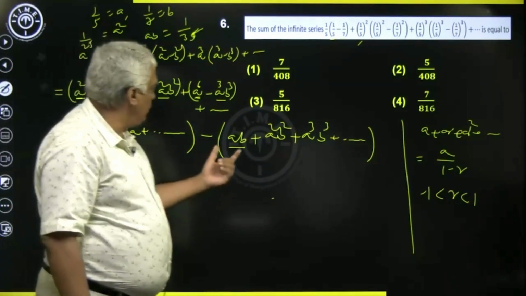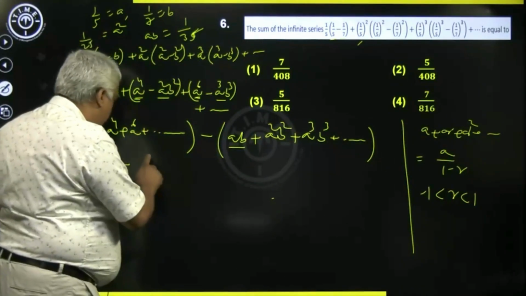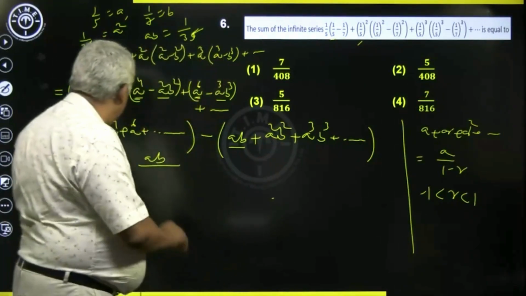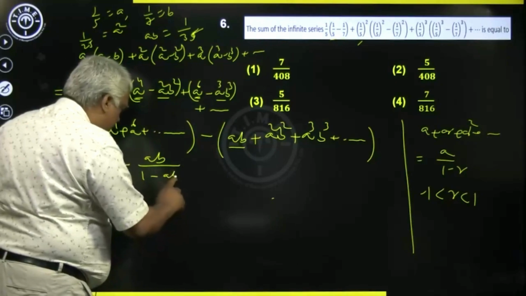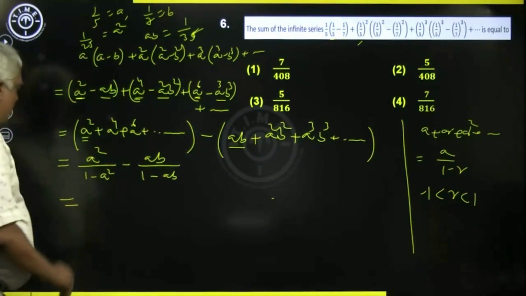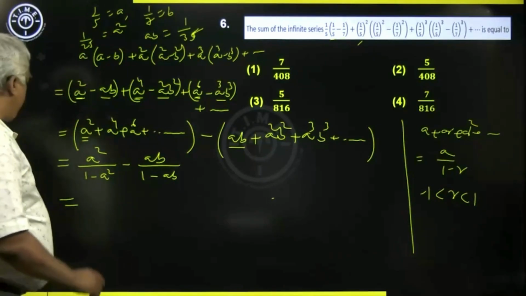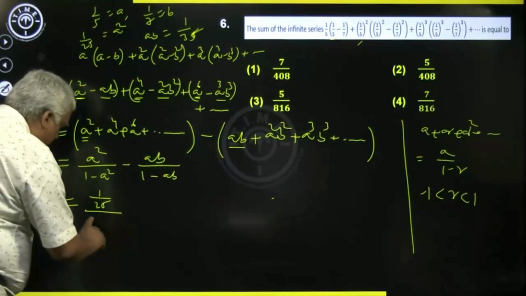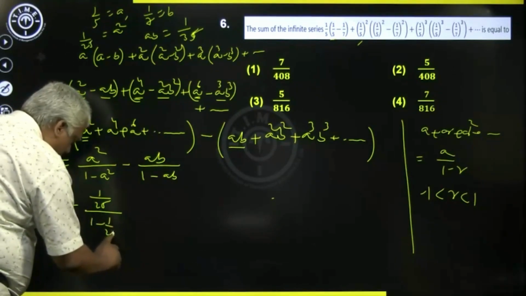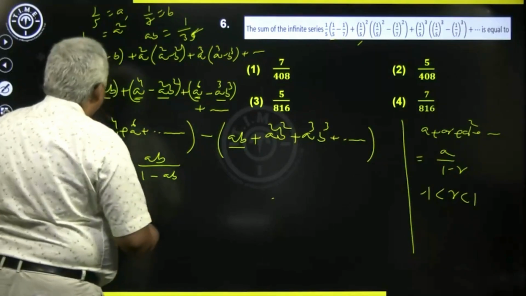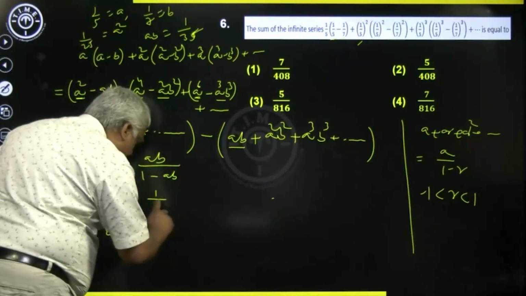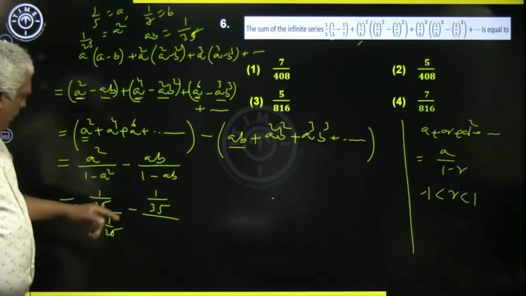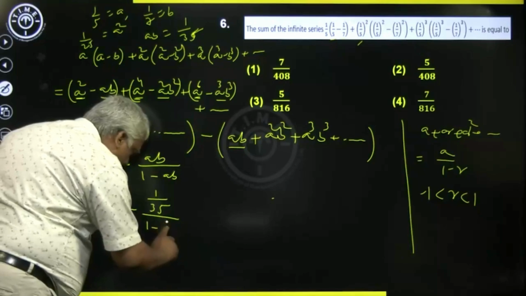For the second series the first term is AB and the common ratio is also AB, so it is AB by 1 minus AB. So this is equal to, now A square is 1 by 25, so it is 1 by 25 divided by 1 minus 1 by 25, minus AB, which is 1 by 35, 1 by 35 divided by 1 minus 1 by 35.